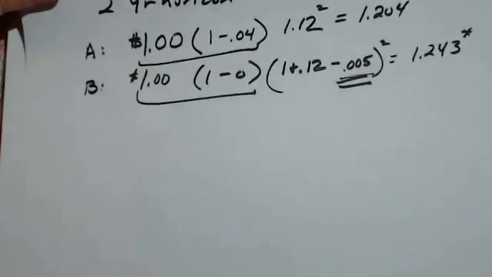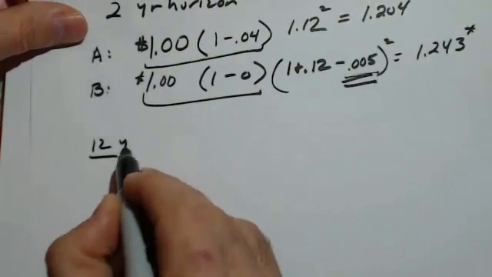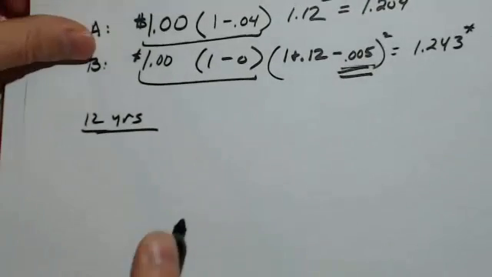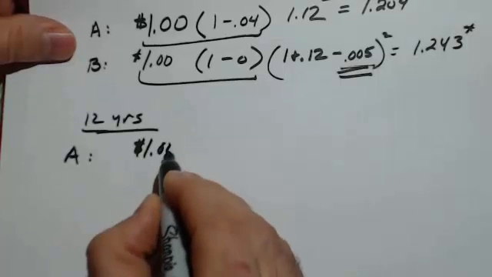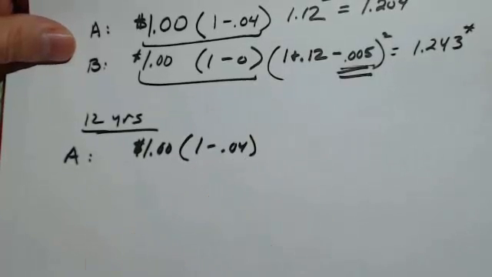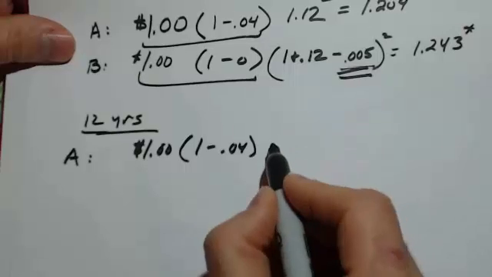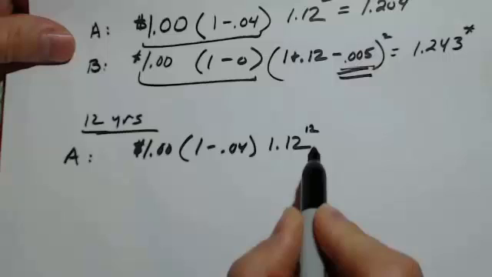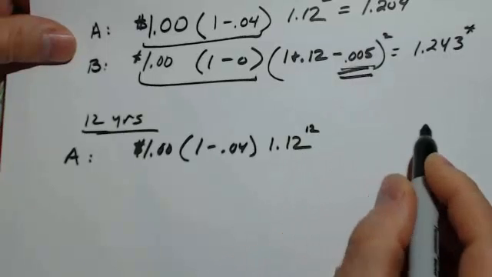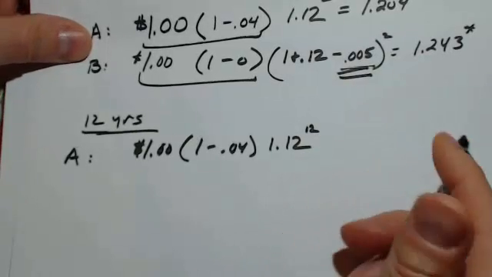Okay. Now things change if you have a long horizon. So you put Class A here, so you invest $1, you lose 4% right off the bat, and then you earn that 12%, which is net of fees, for 12 years to the 12th power, and no, make it 18 years.